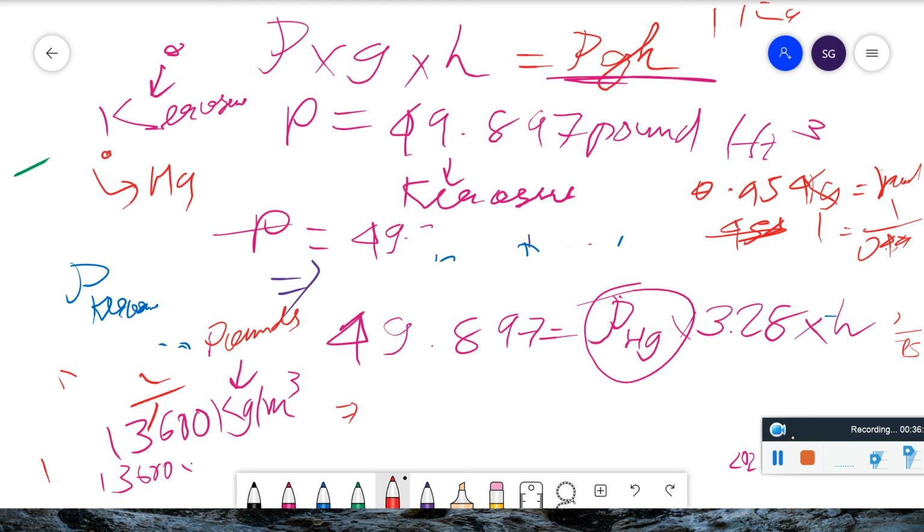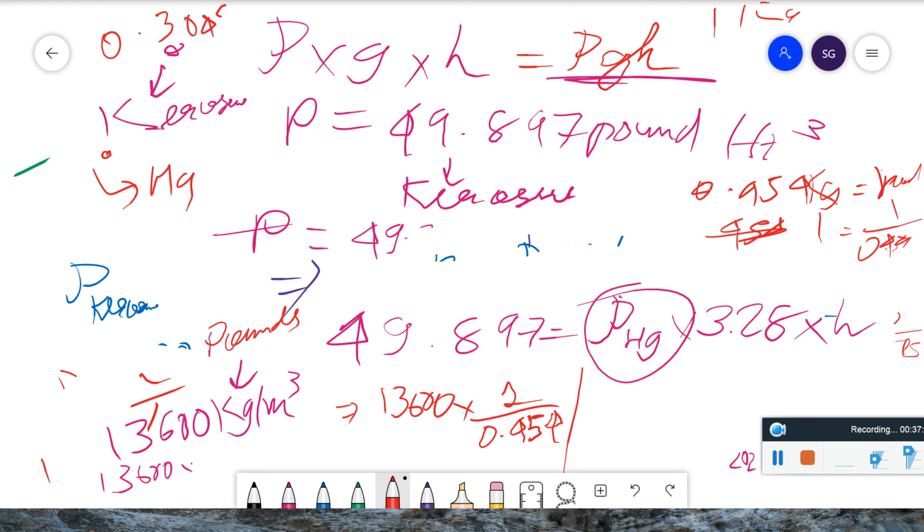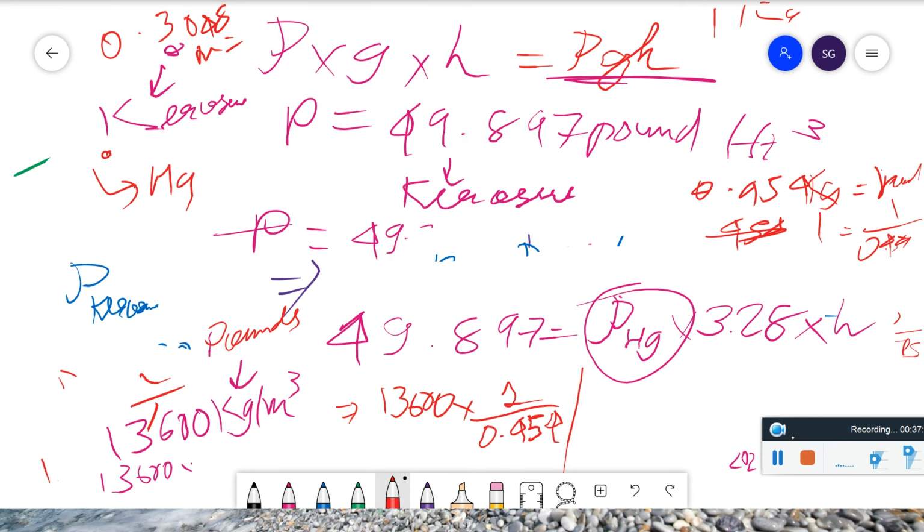So it will be 13,600 into 1 upon 0.454, divided by meter cube. So 0.3048 meter is equal to 1 foot, so 1 meter is 1 upon 0.3048 feet.